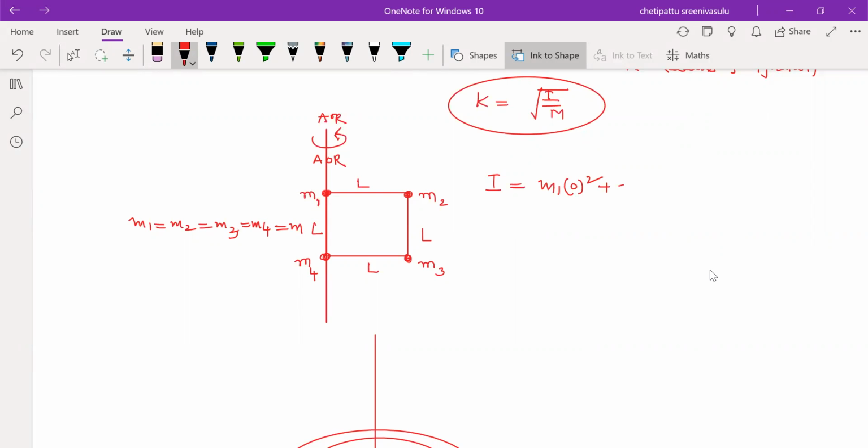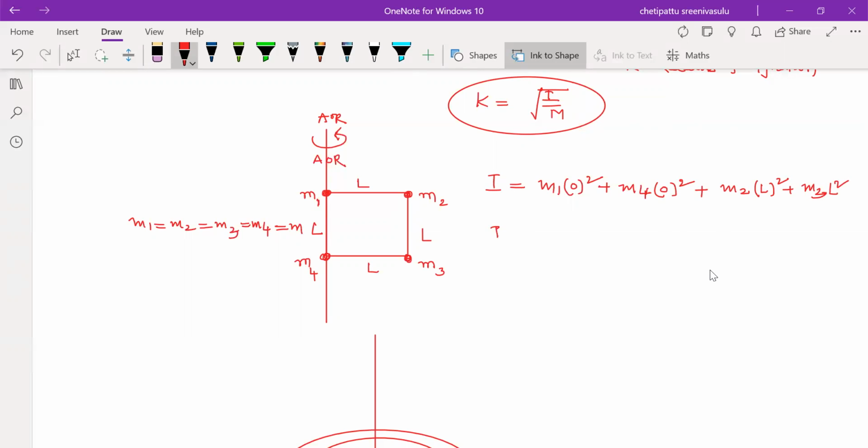Next m4, into radius from the axis of rotation, which is also 0. Next, go to m2: m2 into L, the perpendicular distance, L square, plus m3 into again L square.